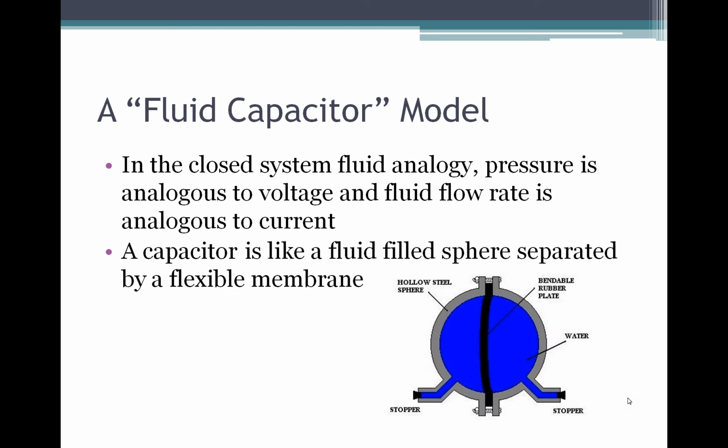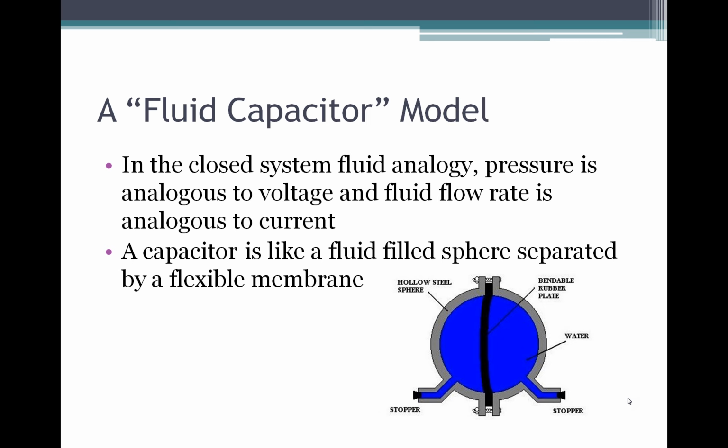All right, so I like the fluid analogy for circuits, and I'm going to develop this fluid capacitor model to hopefully help us visualize a little bit better what the capacitor is doing. So in the closed system fluid analogy, we know that pressure is analogous to voltage and fluid flow rate is analogous to current.